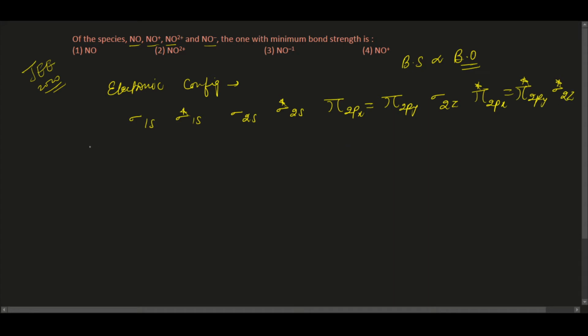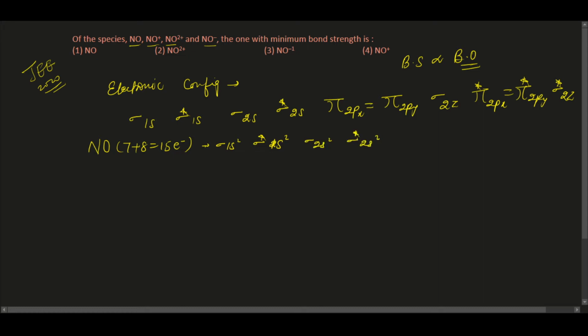First of all, let's calculate the bond order of NO. NO has 7 plus 8 equals 15 electrons. So we'll start filling from here. First we fill sigma 1s with 2, sigma star 1s with 2, then sigma 2s with 2, sigma star 2s with 2.